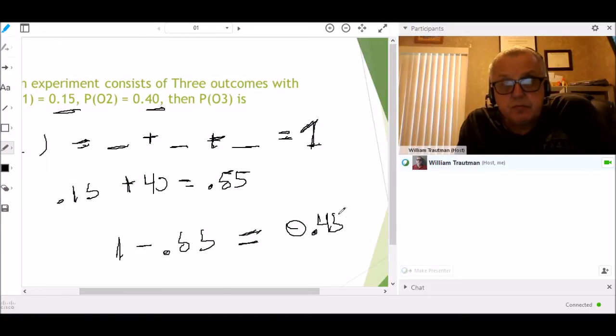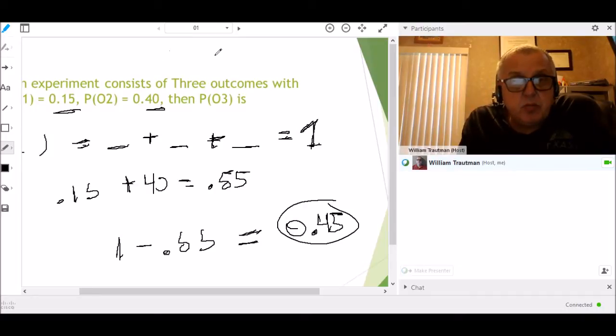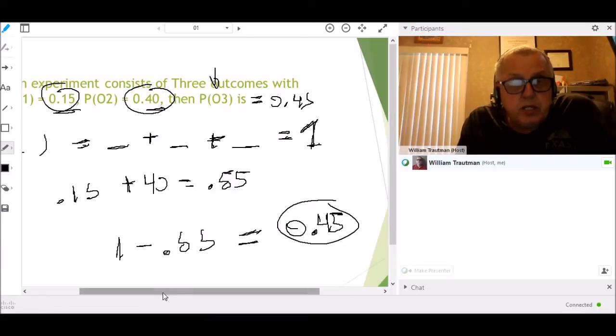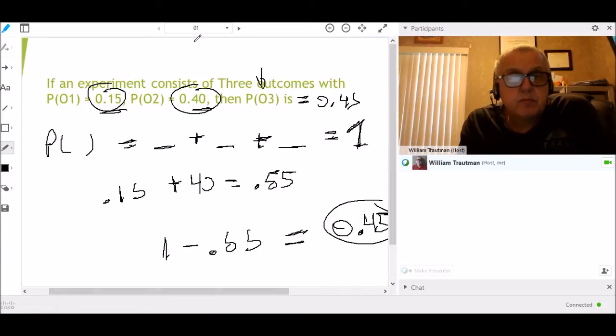That is the probability of the remaining outcome. If I add up 0.15, 0.40, and 0.45, they all add up to 1. So that's the first one.